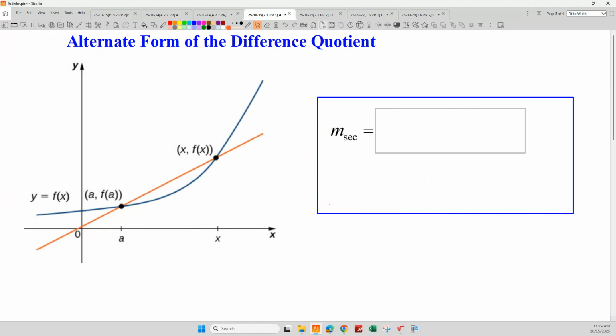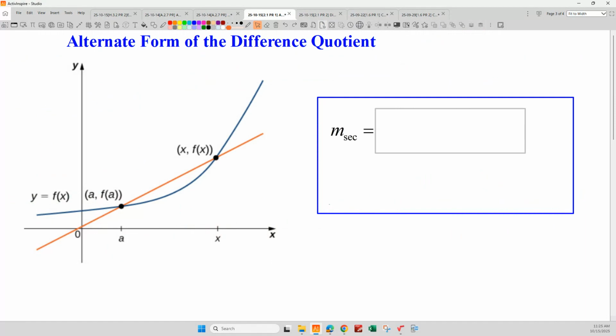Previously, we looked at the point x, f of x, and the point x plus h, f of x plus h. We called it delta x at the time, but we'll call it h now. Then we moved these points together by taking a limit to merge the two points that defined the secant line into a single point, which turned it into a tangent line.